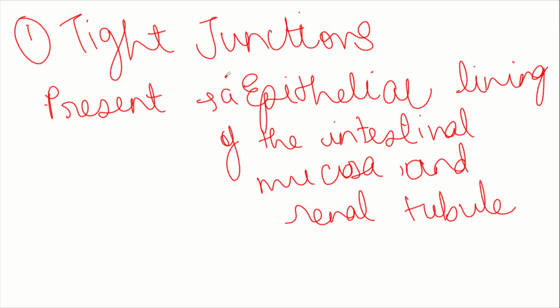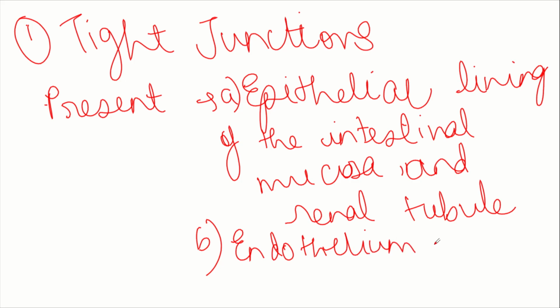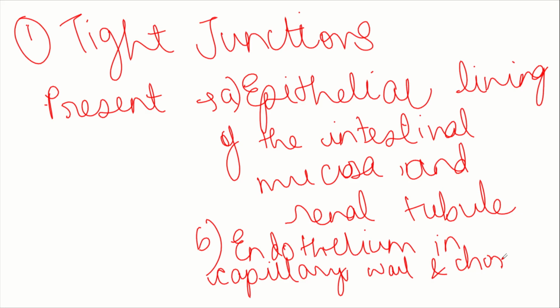Okay, and they are also present in the endothelium in the capillary wall and the choroid plexus. So these are the places where tight junctions are present.